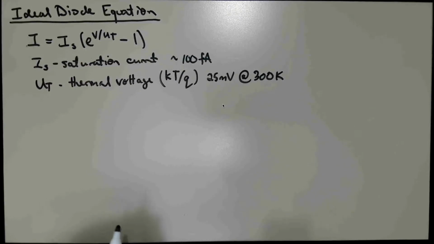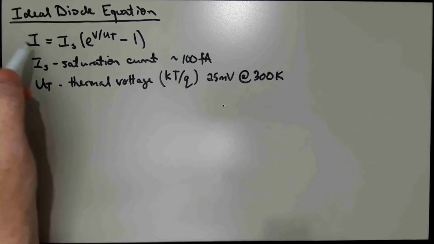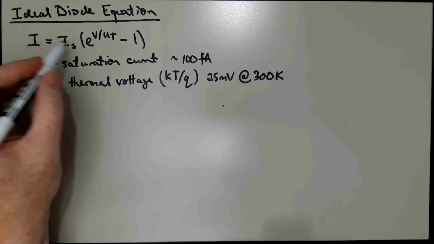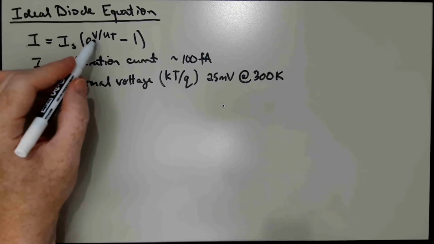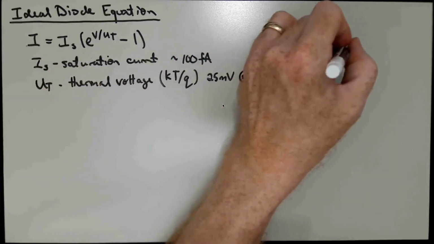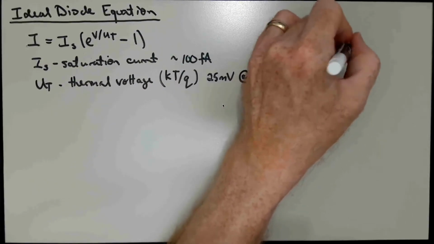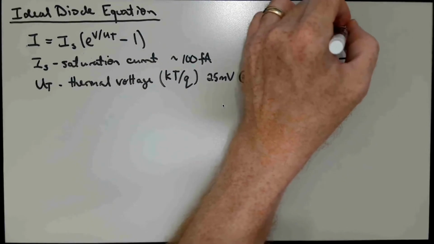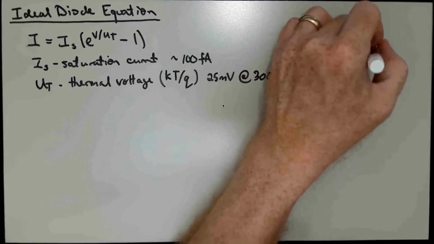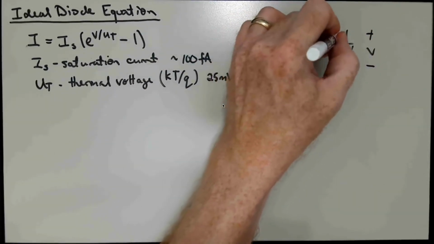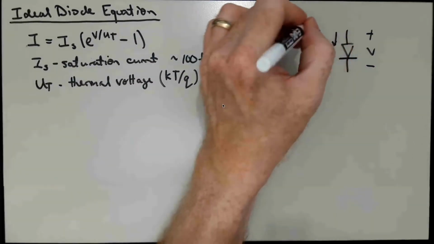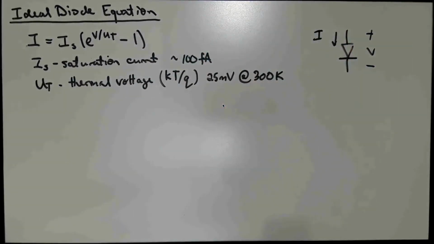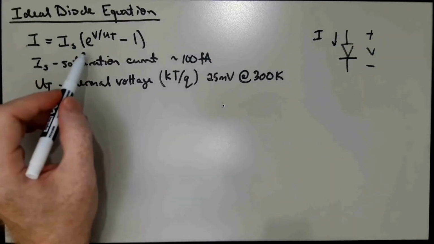And here I is the current through the diode, and V is the voltage across the diode. So we have a diode, which is typically shown like that, and we have some voltage across it like this, and some current flowing through it like this. Okay. And we're going to try to get at the form of this equation.